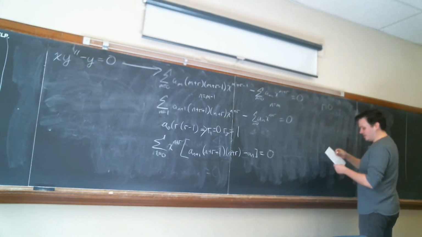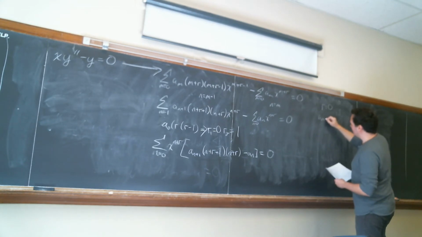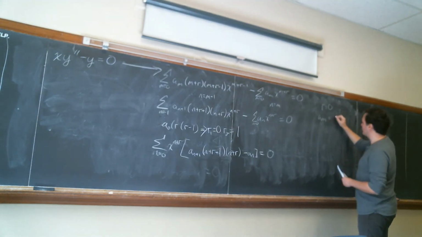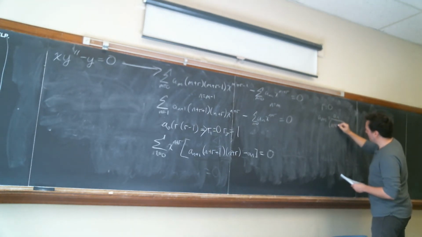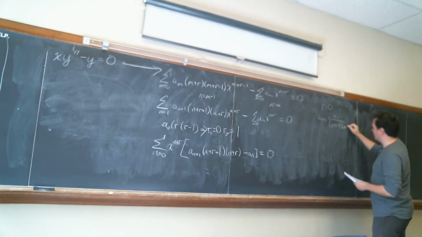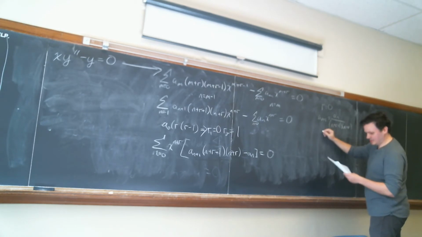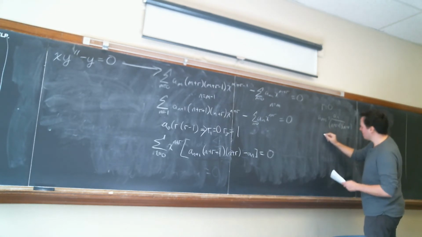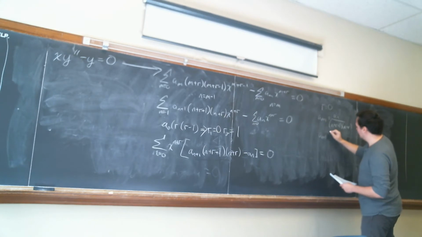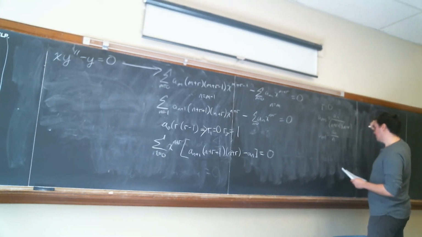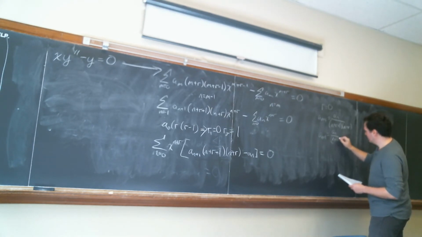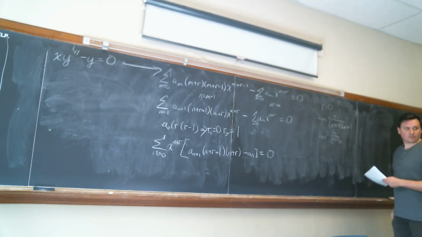And we can rearrange this as a to the n plus 1 is equal to a to the n over n plus r plus 1 over n plus r. So that means at 0 it is equal to... right?